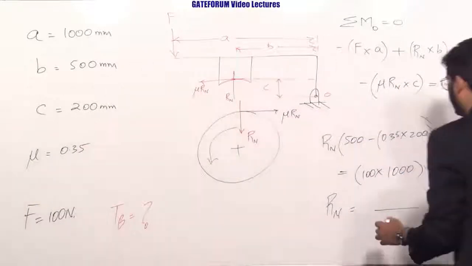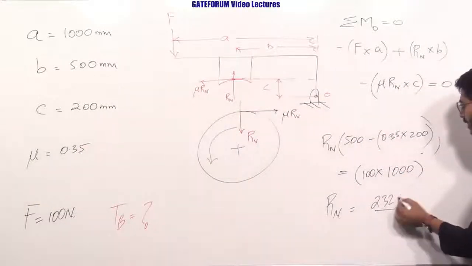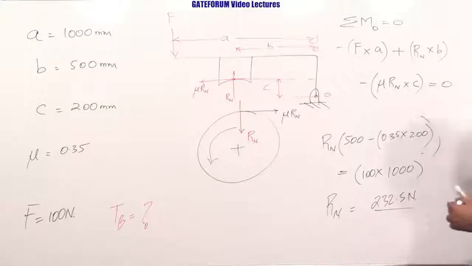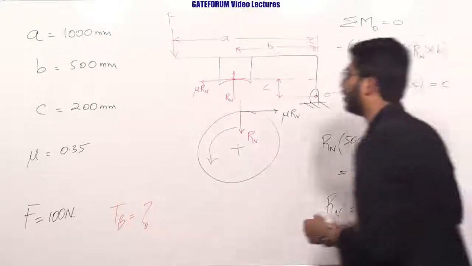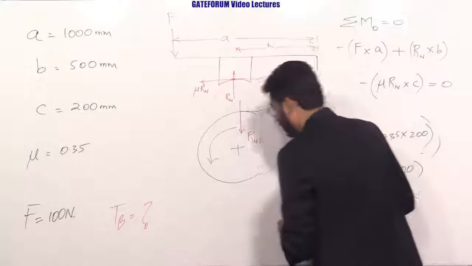Upon solving you get Rn equal to 232.5 newtons.